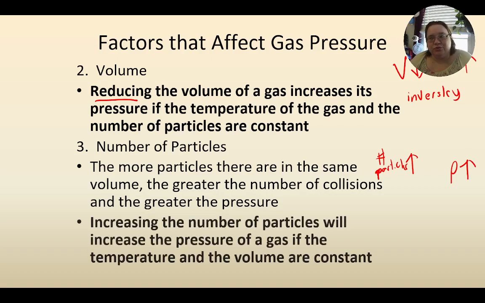Opposite again, true. If I take some particles out of my rigid container, the pressure inside that container will decrease. This is a direct or a proportional relationship. When one goes up, the other one goes up. So adding more gas will increase the pressure. Losing some of the gas from the container will decrease the pressure.